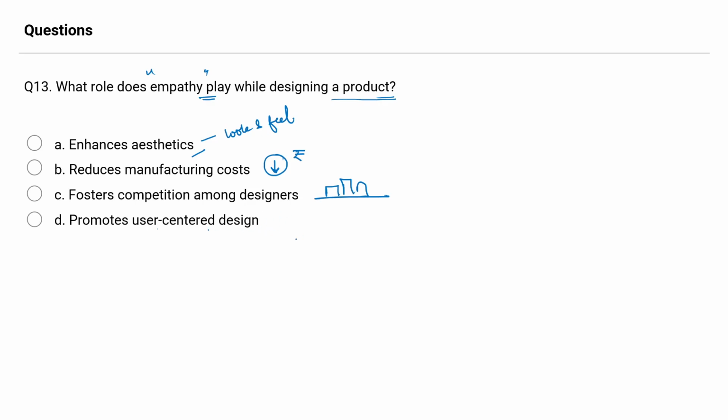Okay. You need to tell us the role played by empathy. Now, how empathy plays a role in.